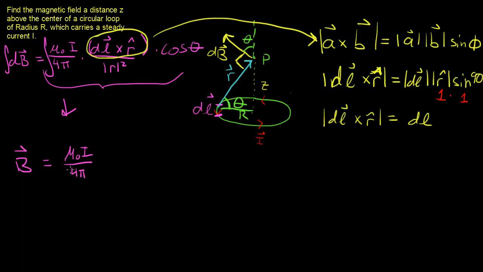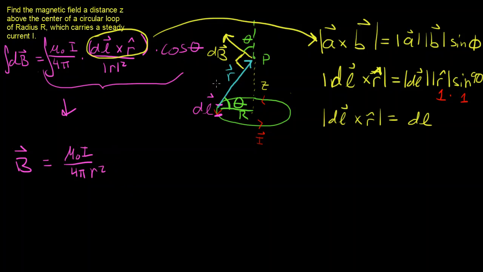Let's see, r squared here. The magnitude of r squared is always going to be a constant for any given point P. So we can take that out, just call it r squared.